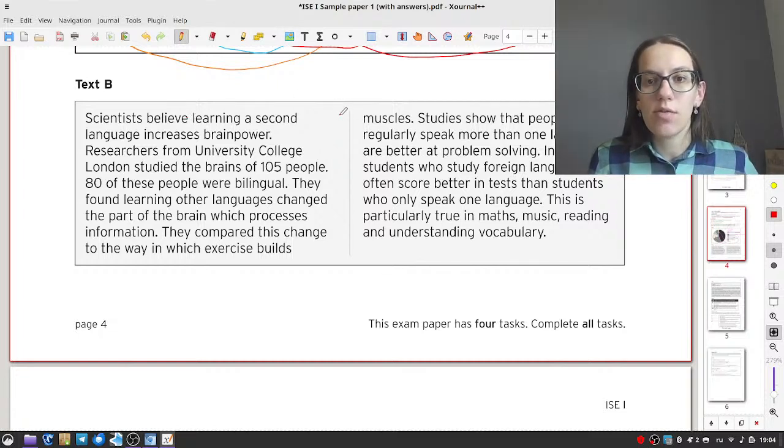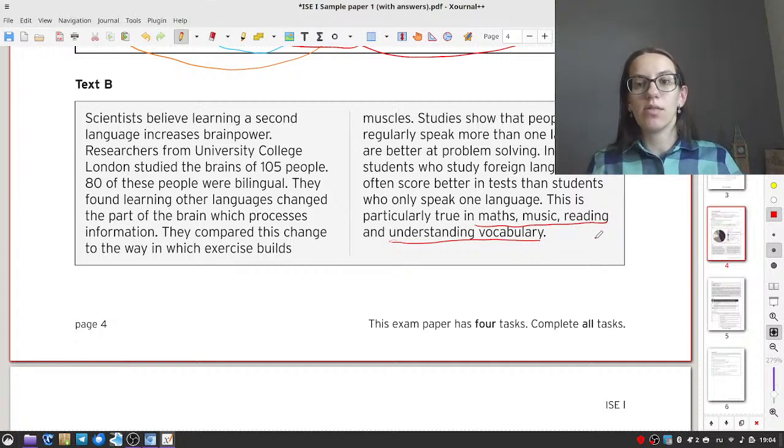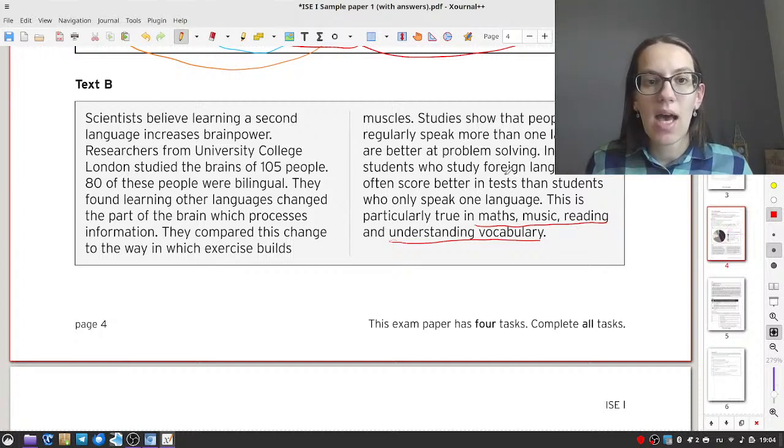So, other skills. Do we have any information about other skills? Well, in fact, yes. Maths, music, reading, understanding vocabulary, these are not language learning skills. These are other skills. And what does this have to do with languages? Well, we see that students who study foreign languages score better.